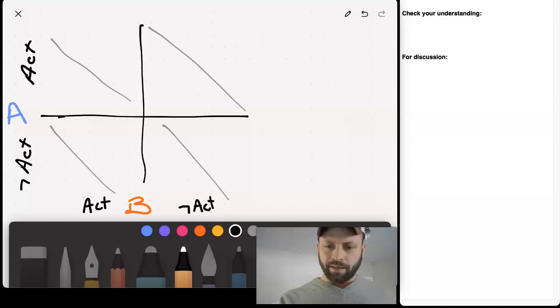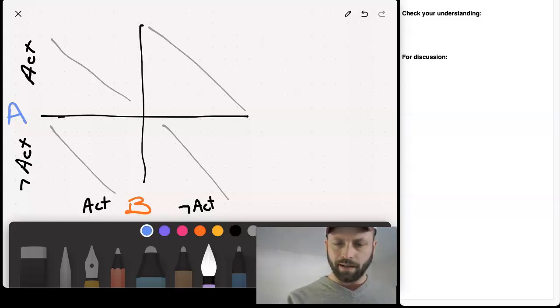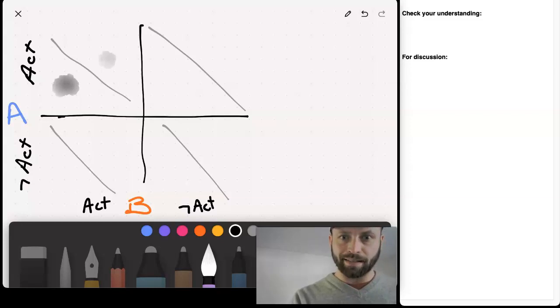And to show what's at stake in each of these situations, each of these quadrants defines a set of actions that the two players take. Up here it's A acts and B acts, et cetera, et cetera.